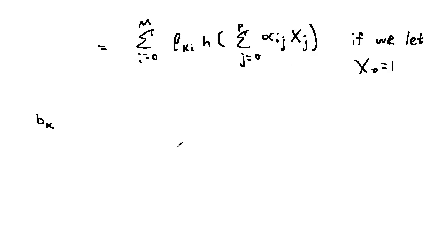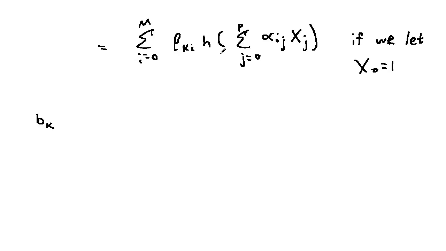So b sub k can be seen as a composition of linear functions, the linear combinations, and possibly nonlinear functions in an alternating fashion. More explicitly, we're taking linear combinations of x1 through xp and of the bias unit x0 and applying the activation function h to them to get z1 to zm.